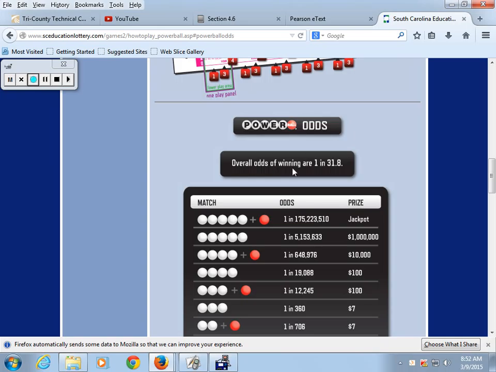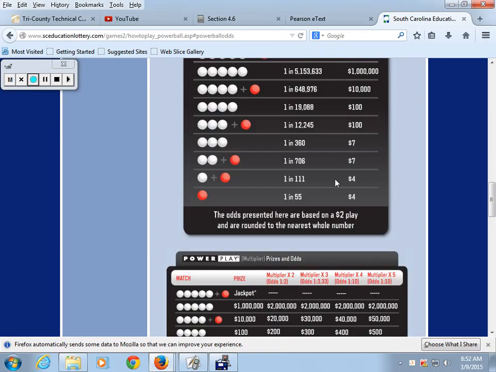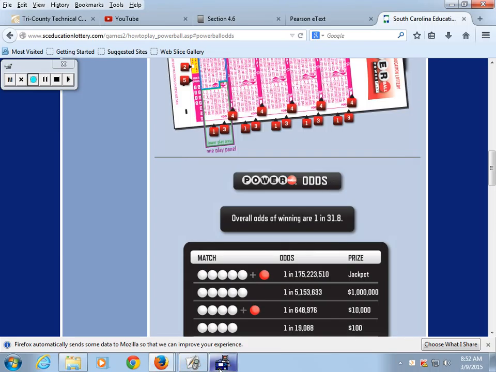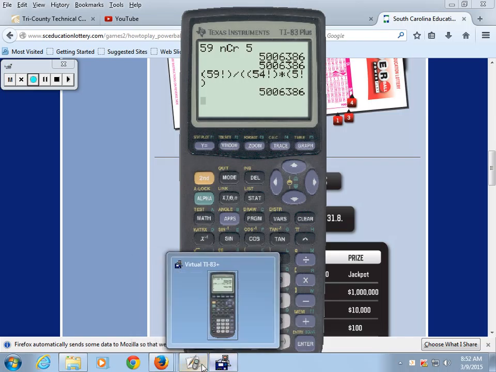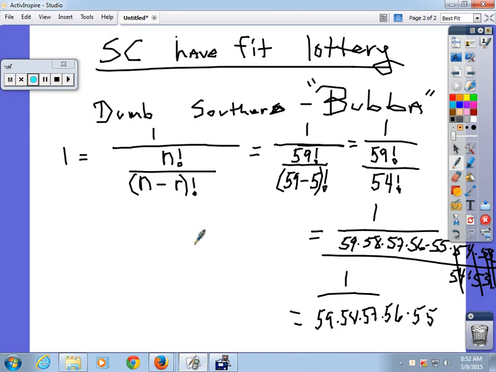There's the odds of winning. 1 in 38, 1 in 31. So that's the overall odds of winning. Let's go back to the Bubba. So winning 5 is going to be 1 over, winning, that's the first 5, is 1 over 5 million.